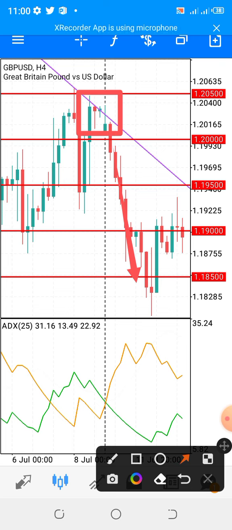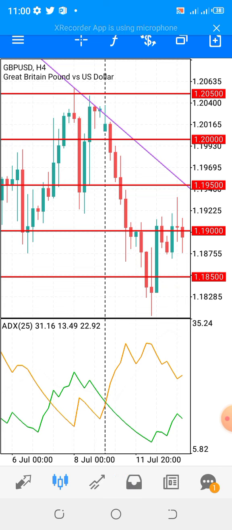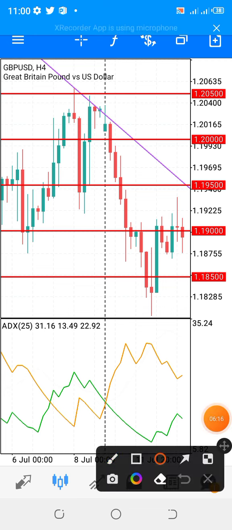Now, in case you are interested in also using the ADS, so this is a 25 ADS. You can as well establish your sell position here if you want to use ADS.